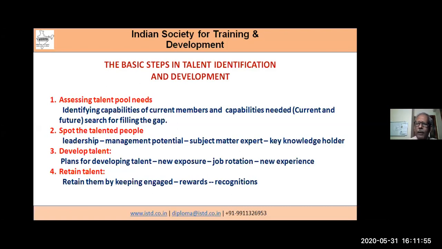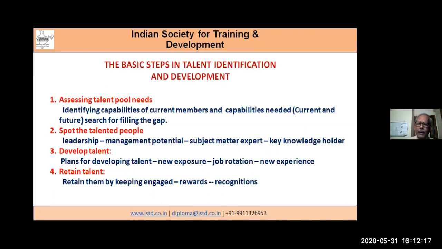So you need to fill that gap. So the first one is making an assessment of the talent pool, how much you are deficient in the organization in terms of the qualities and capabilities of people when you look at the entire portfolio of the job, different kinds of jobs, right? So in terms of their skill and capabilities, this is one aspect.